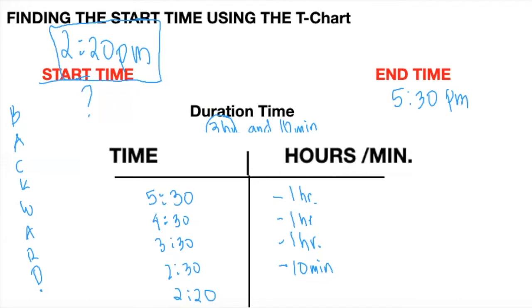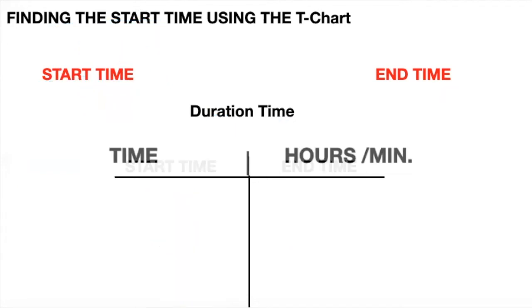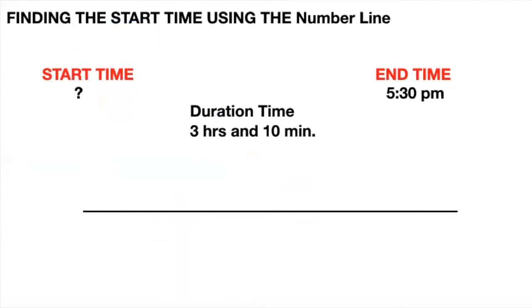Let's have another example. This time, using the same problem, we will be using a different method. This time, we will be using the number line. Still, the given end time is at 5:30 and the duration is 3 hours and 10 minutes.